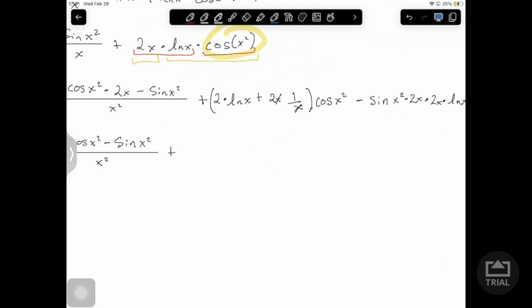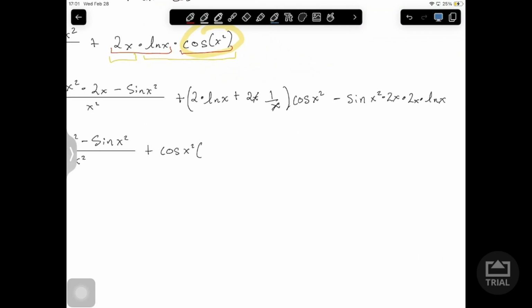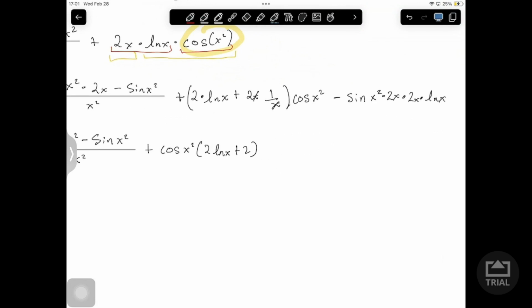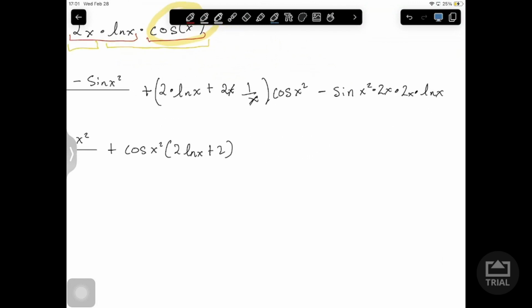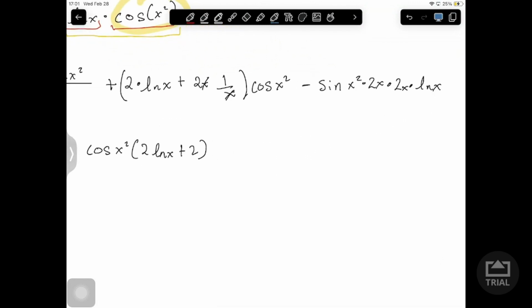So it'll be plus cosine x squared, parentheses, 2 times natural log of x plus 2. And then with the last portion, I can combine the 2x's, which are right here, into 4x squared.